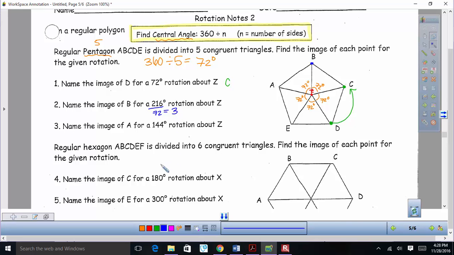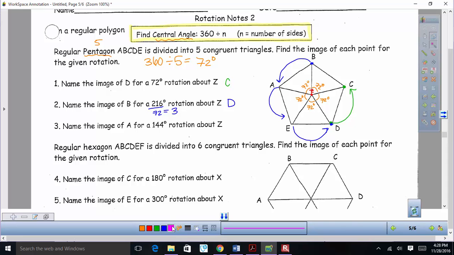So I'm going to have to do 3 hops from here. And remember, we go counterclockwise. So we go 1, 2, 3, and we'd actually land at D. Okay? Hopefully y'all are getting this.